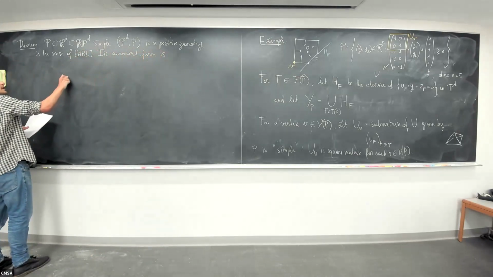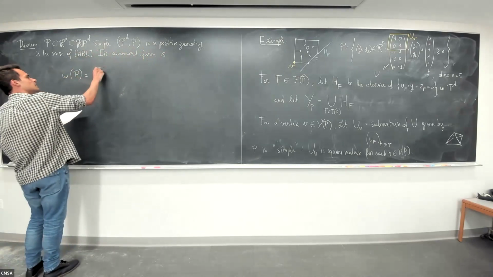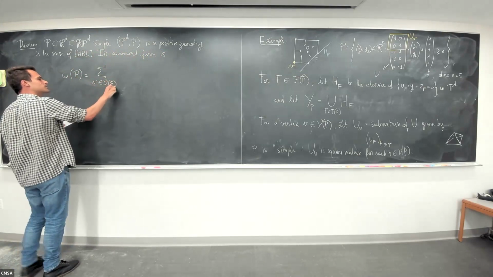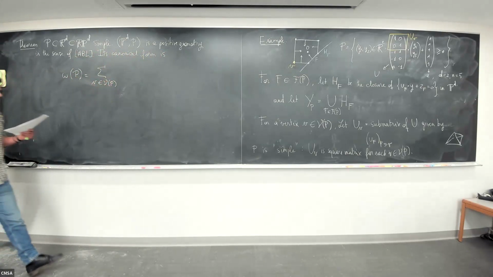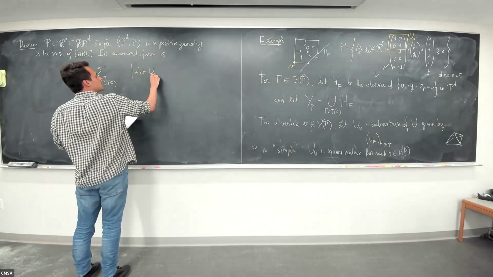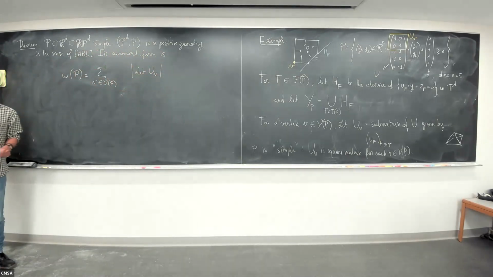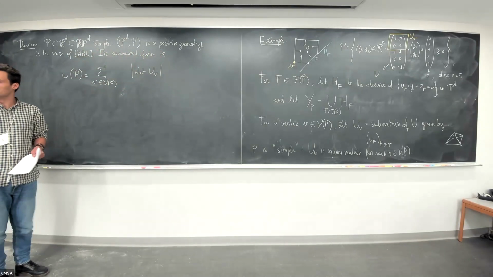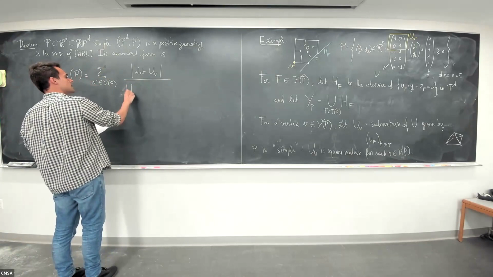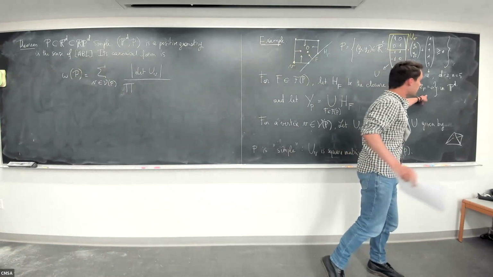There are different ways to write this; this is my current favorite. You take a sum over the vertices of P. In each term, there's a numerator that is just the determinant of this square submatrix, the yellow matrix, and you take the absolute value of that.